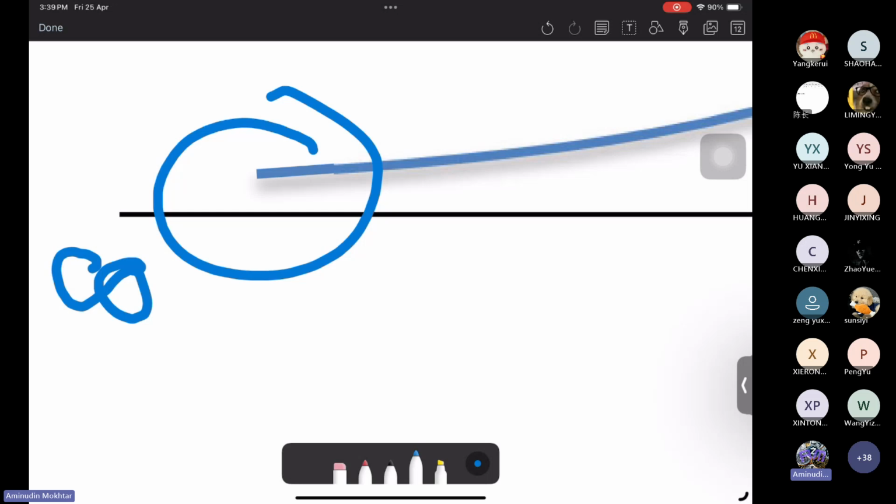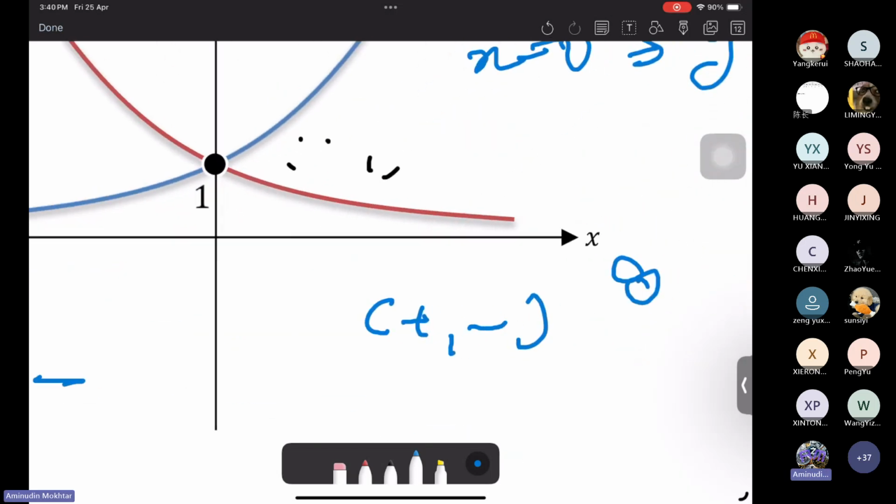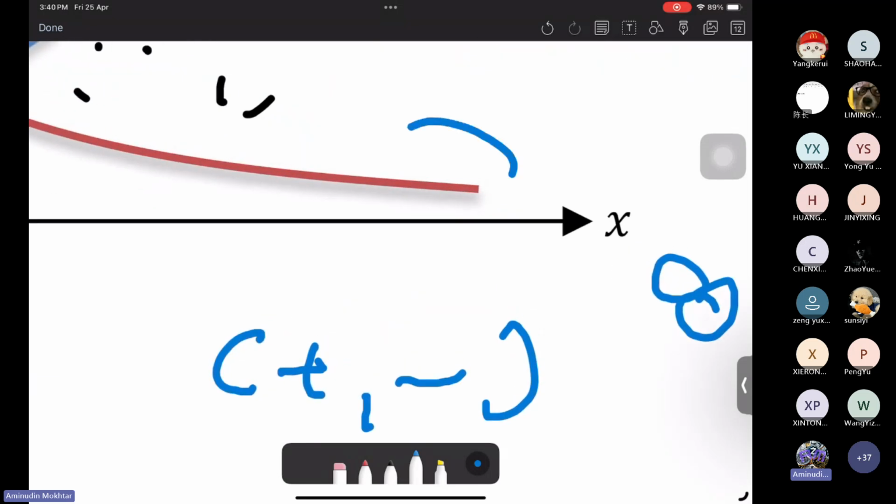Never for exponential. That's the main characteristic we must know about the exponential function. The other one at the right-hand side, the same case here, the function does not cross the x-axis.